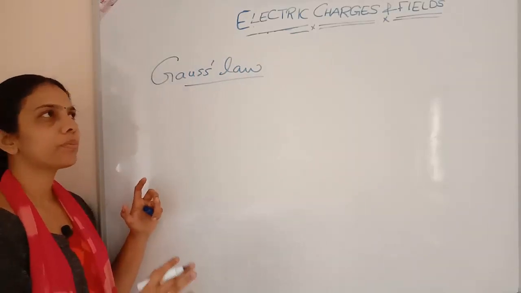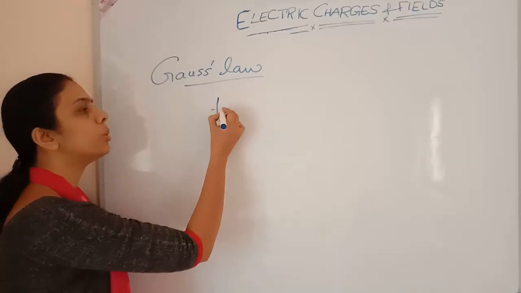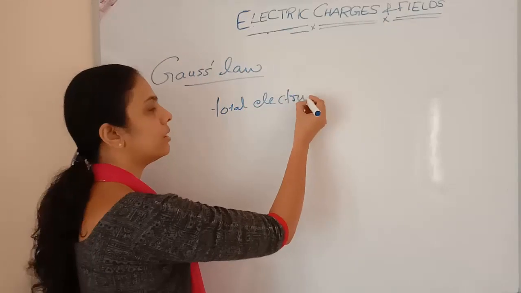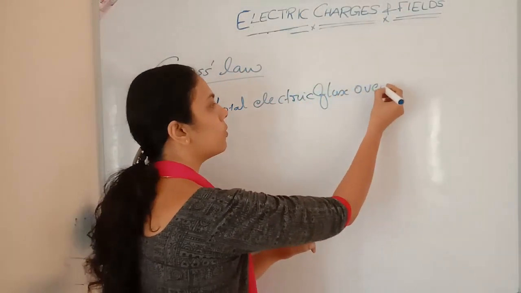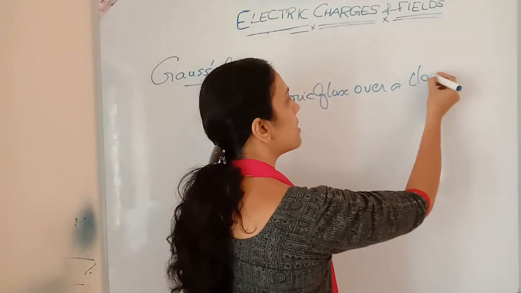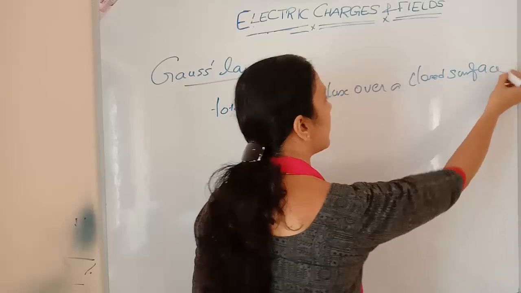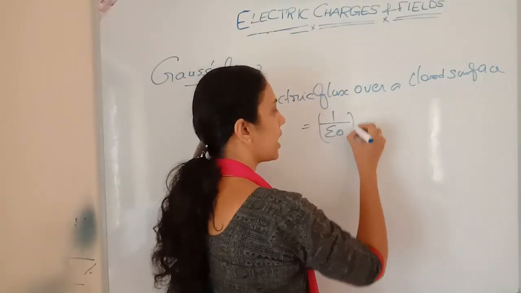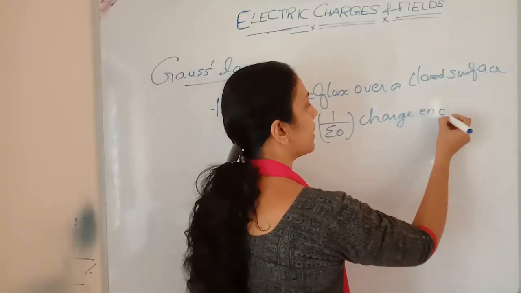Gauss law states that the total electric flux over a closed surface is equal to 1 by epsilon 0 times the charge enclosed by the surface.